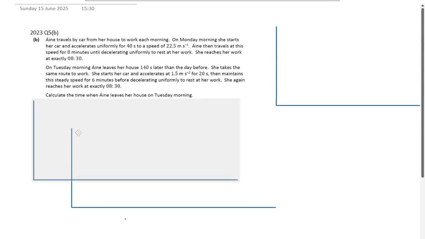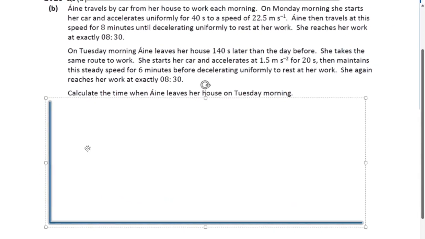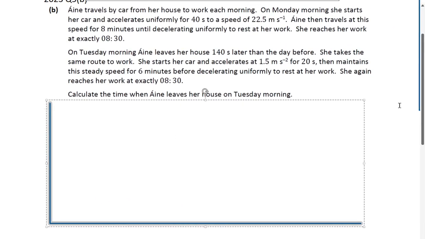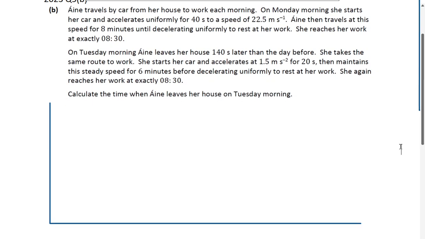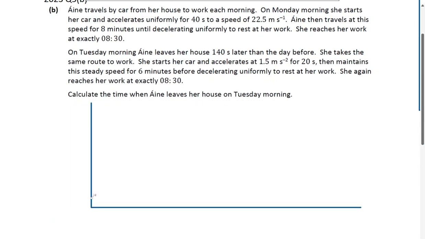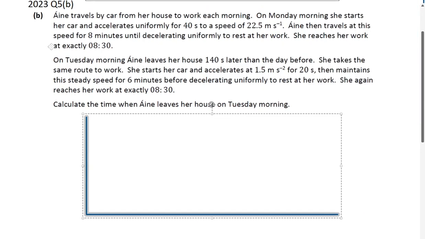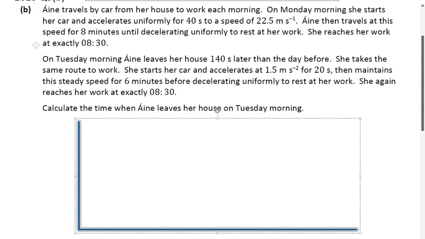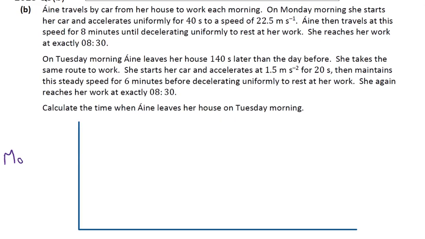Okay, so again, there's lots of different ways to start. You can start by naming things, what do we know is true, but I'm just going to jump into Monday. I'm going to make that even smaller because I don't think we need it to be that big. Okay, so let's say this is Monday.